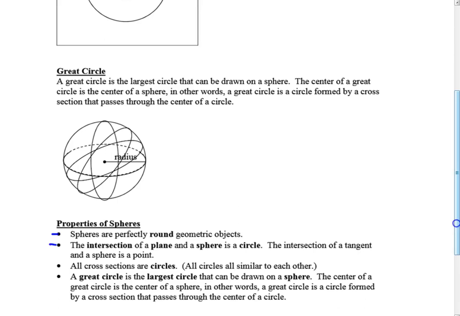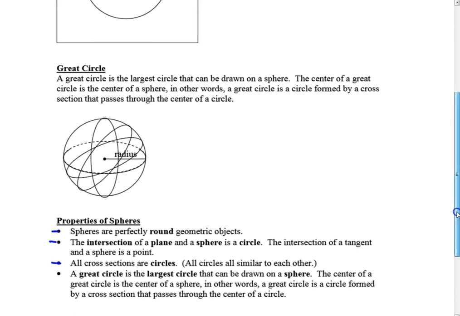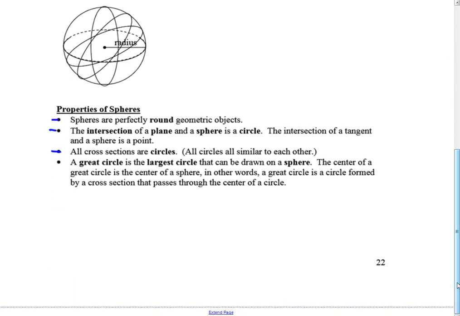The intersection is a circle, and the intersection of a tangent and a sphere is a point. So if you have a piece of paper that just touches at one point, that only has a point. All cross sections are circles, and a great circle is the largest circle that can be drawn. Its center is the center of the sphere.